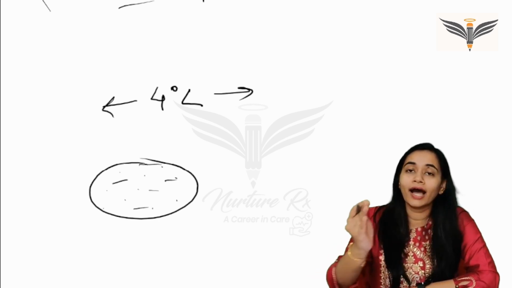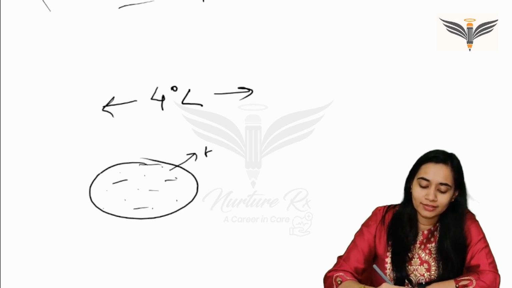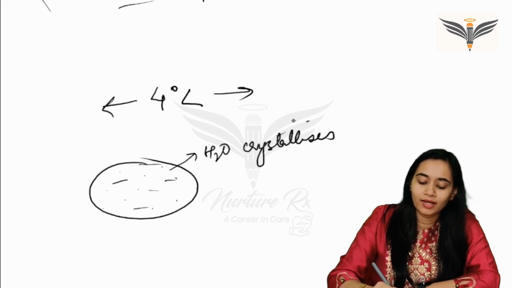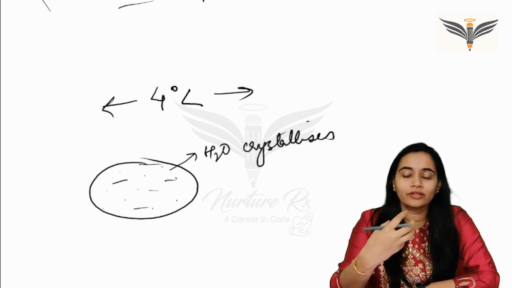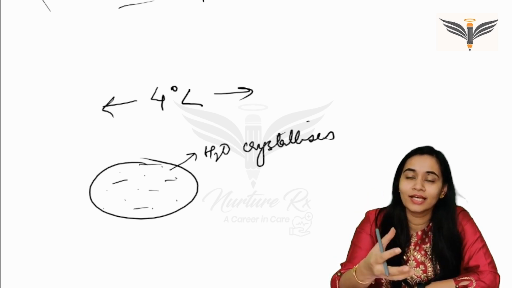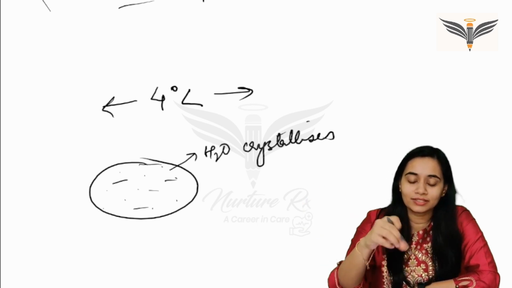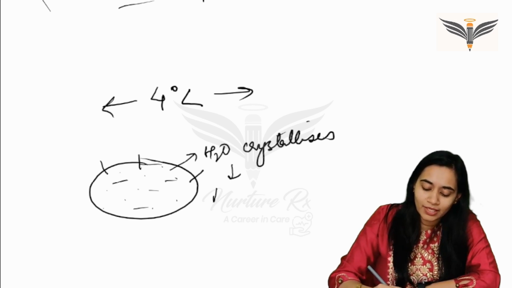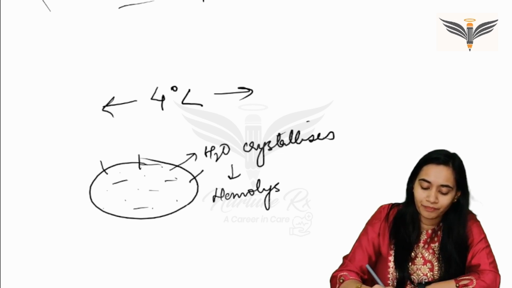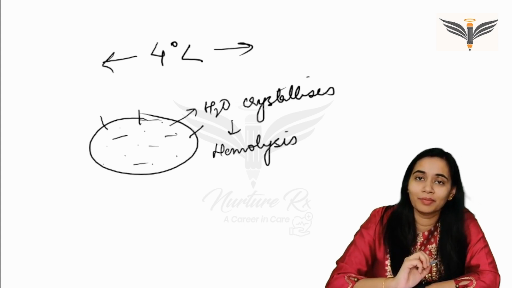So below 4 degrees centigrade, the water inside this crystallizes. So if water is crystallizing, it forms needle-like structures. So if you're freezing red cells and then when you're thawing for transfusing it to a patient, these crystals tend to break the red cell membrane, and hemolysis occurs.